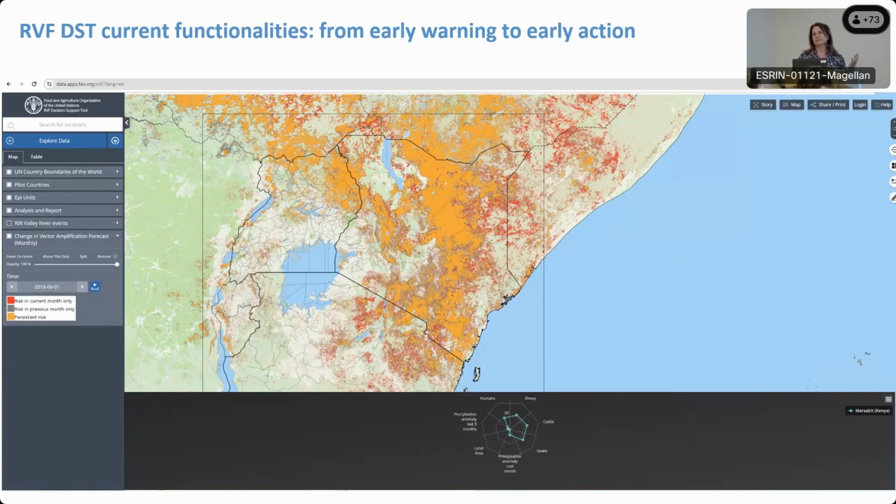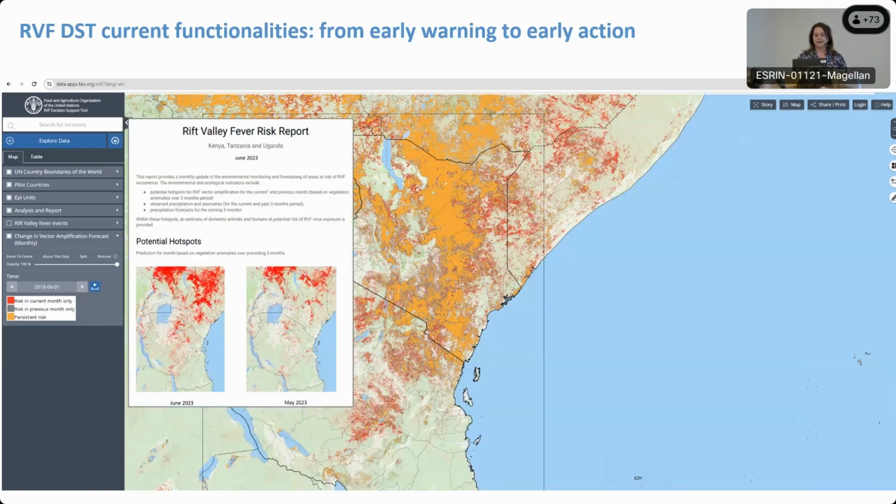We need to understand that the users are the veterinary services, so the veterinarians in African countries. So a sort of charts that allow them to interpret the risk, which is depicted in the risk maps, which are updated on a monthly basis. Now we are moving on having maps on a weekly basis during the risk periods.